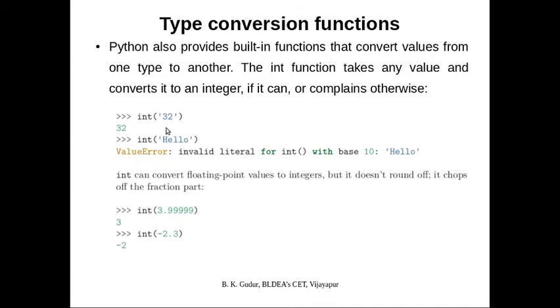For example, 32 can be converted to an integer, whereas hello cannot, because it gives an error. With int of 3.99, everything after the decimal point is ignored and only the integer part is given. See both examples here.